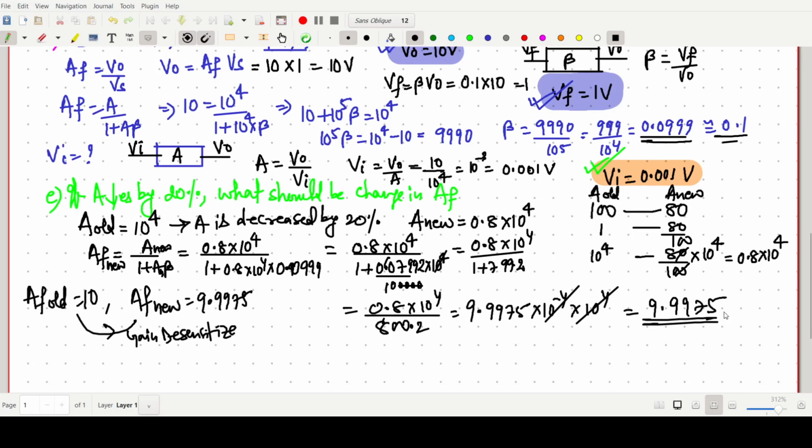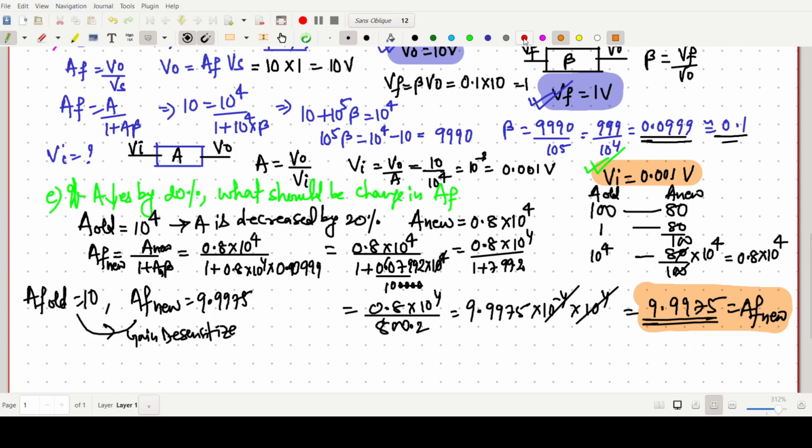Our this value is our AF new when A is decreased by 20%. This is very important. We have to do this very simple calculation, but we have to be very patient and very cool and calm. Okay, so this AF new is this one. So now we have to think about the percentage.